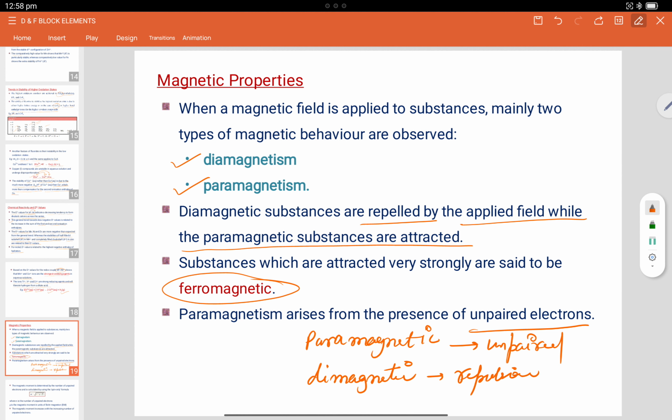That means all electrons are paired, no unpaired electron. So that is the magnetic behavior. If an unpaired electron is there, then it will be attracted. Paramagnetic substances are attracted. In diamagnetism, they repel.